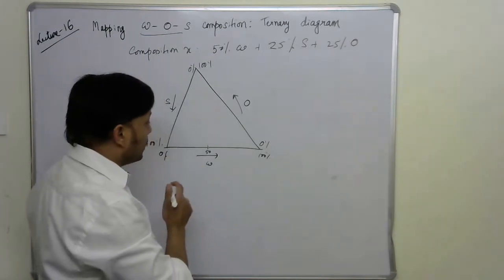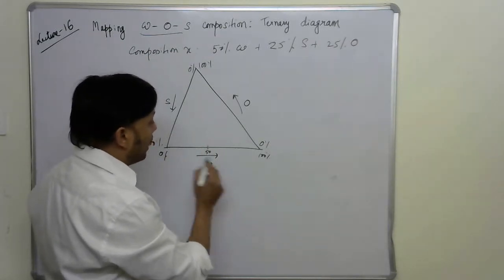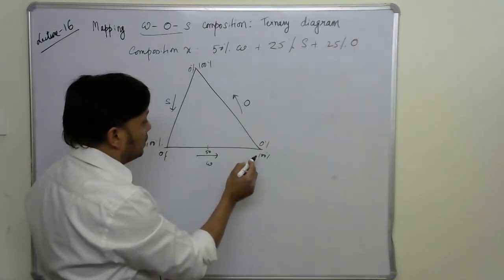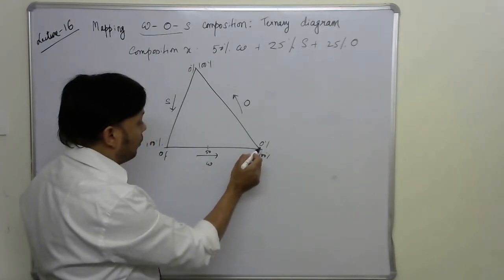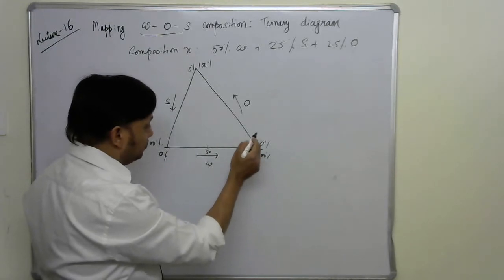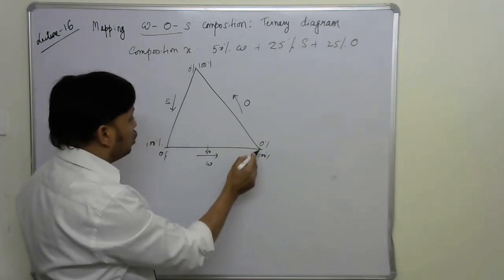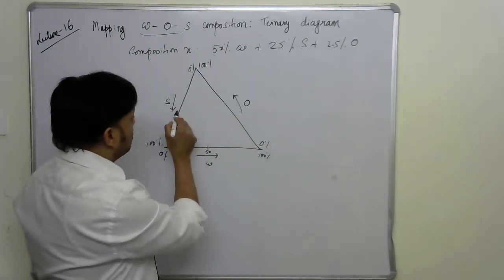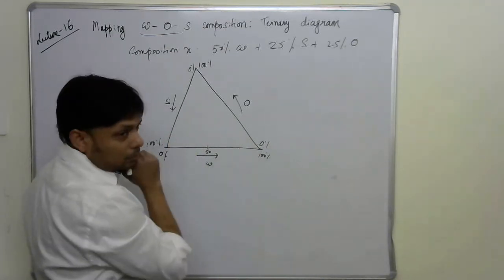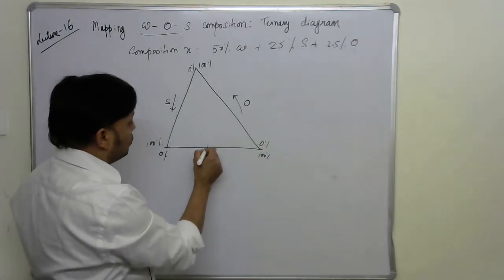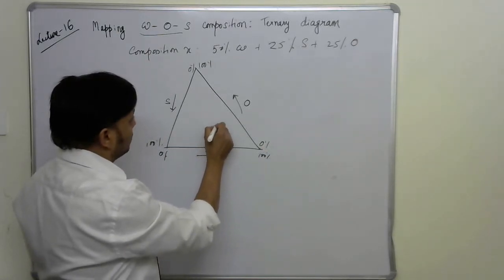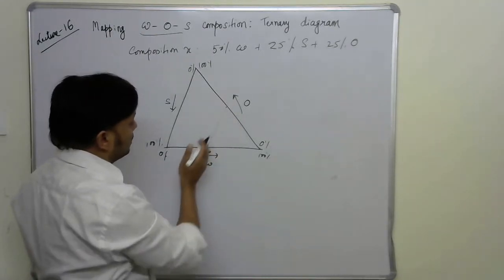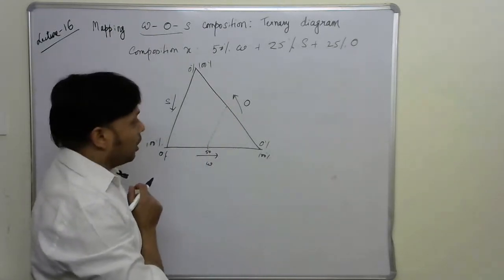Remember, we always have to draw a line opposite to where the 100% water is, and it should be parallel to the side which is just opposite to this 100% water. So that means we have to draw a line like that. Very good. So any composition along this line would have 50% water.